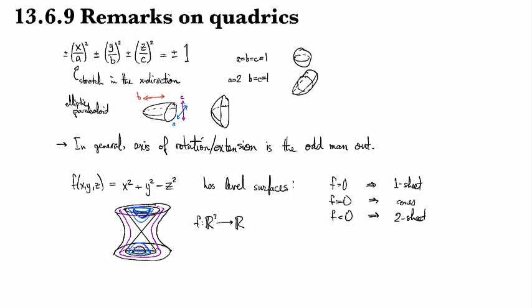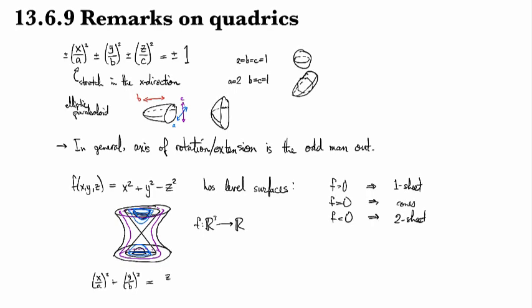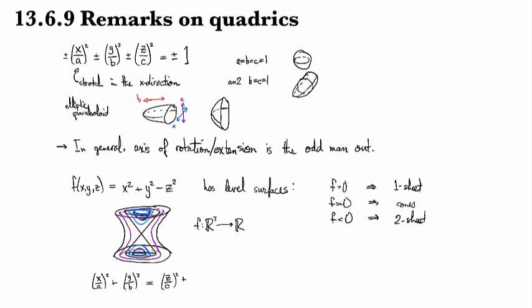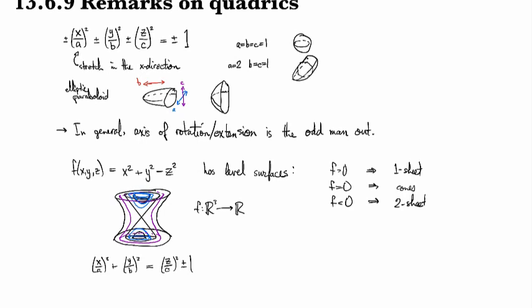And just to understand the shapes of the hyperboloids a little bit better, watch this. If we take the formula here, and if I move the -1 over to the other side so that it looks like this, then I've got plus or minus 1, depending on which kind of hyperboloid I'm looking at.